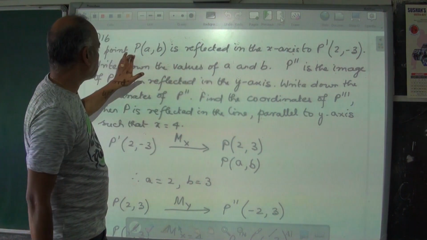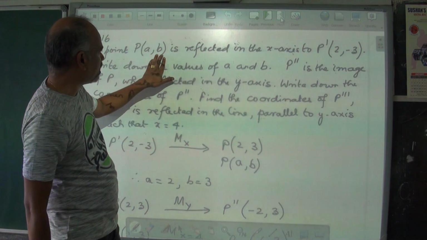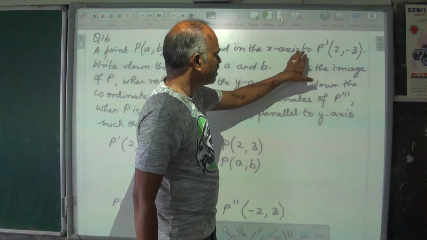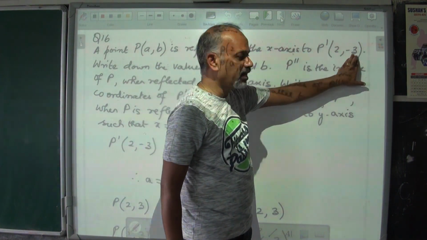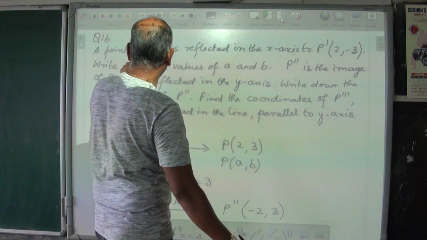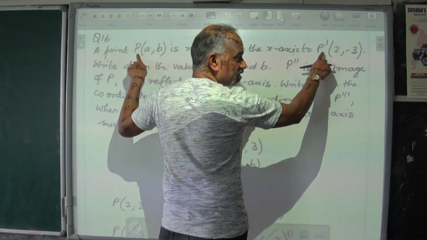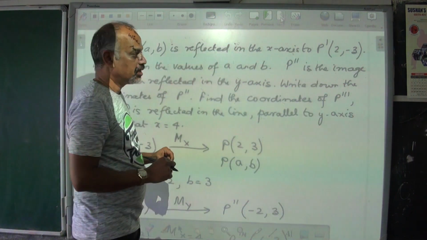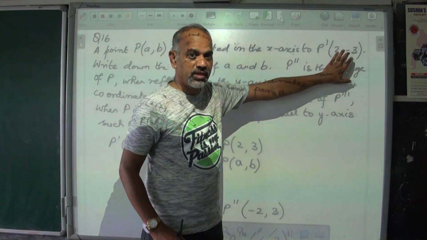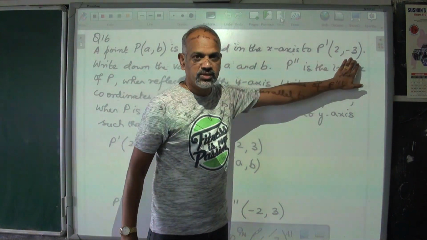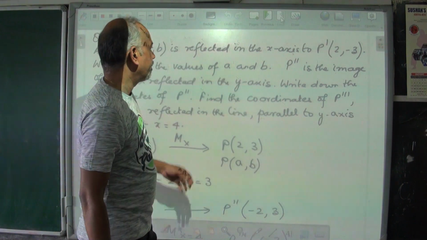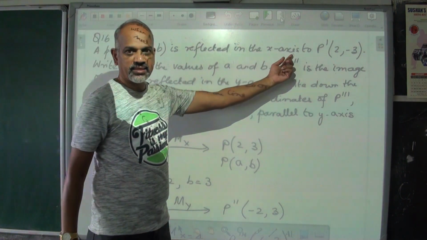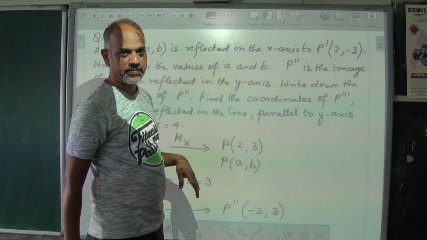A point P whose coordinates are A, B is reflected in the x-axis to P dash whose coordinates are known. You started with P and after reflection it became P dash. P is not known, but you know the image. Image P dash is 2, -3. Now, it is reflected in the x-axis, you know for sure.